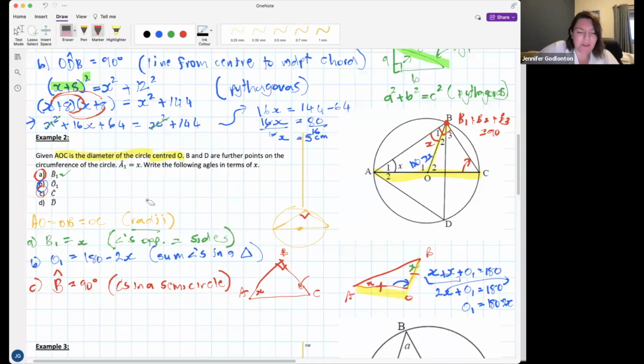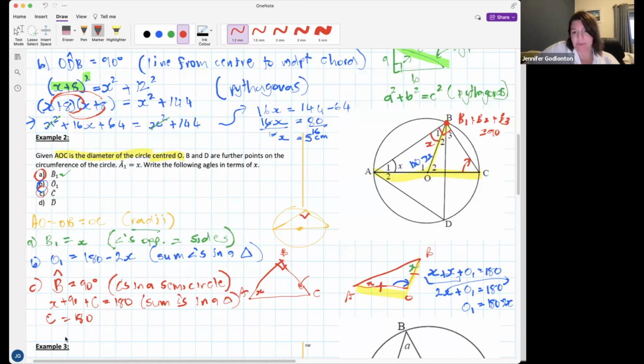I'm going to write it out the long way for anyone who's feeling confused. X plus 90 plus C is equal to 180 because of sum of angles in a triangle. So C is equal to 180 minus 90 minus X, and so C is equal to 90 minus X.